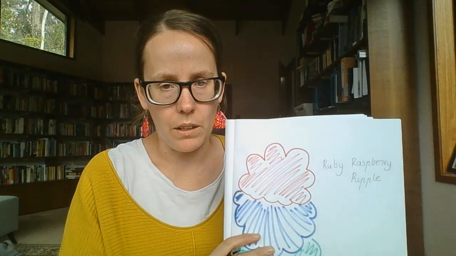Ruby Raspberry Ripple. And all the words in the name of that ice cream flavour begin with an R sound. Ruby Raspberry Ripple. My next one is blue. Have a look at what I'm going to call that one. My blue flavour is called Blue Bubblegum Blast. I think I would order something called Blue Bubblegum Blast. Let's have a look at my last one, which is green.